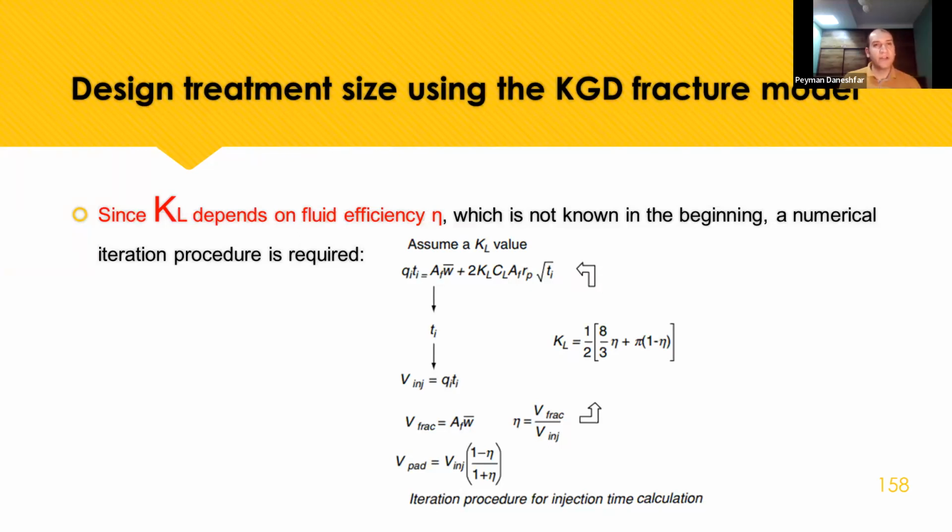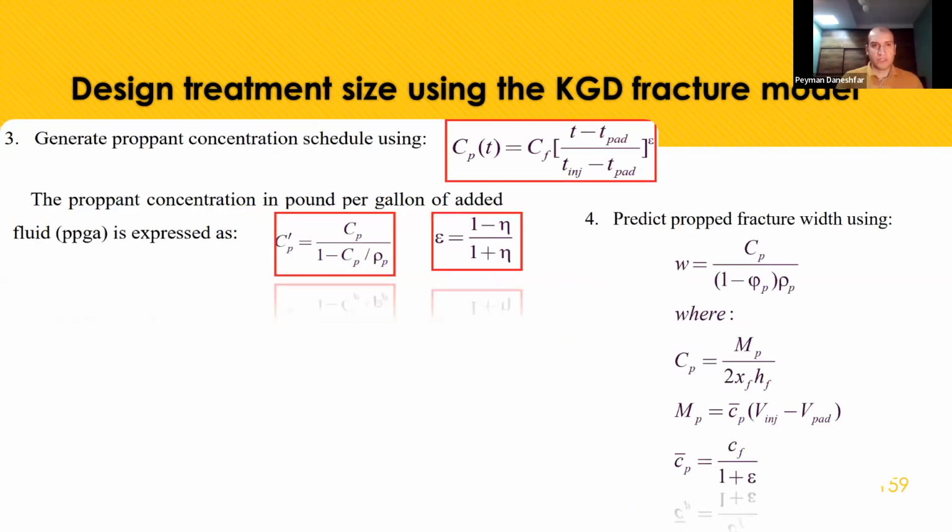It's a multiplier, a parameter that we should guess at first and check for correctness. Is it okay or not? If it is okay, go to the next step and find the volume of leak-off, and then the proppant, and other things.